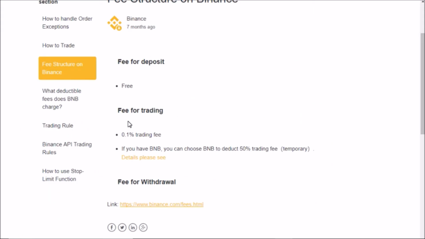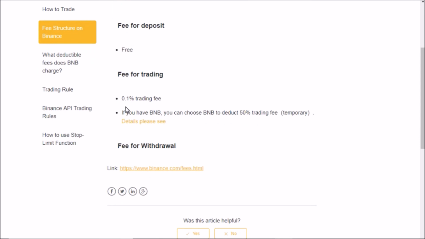Now, the fee for trading is a 0.1% trading fee when you trade. If you have Binance coins, however, and you use Binance coins instead of Bitcoin, Ethereum, or US Tether for trading, they're going to deduct 50% of the trading fee. And this is temporary as of today, so that might change once you watch this video. Make sure you check if it's still available.